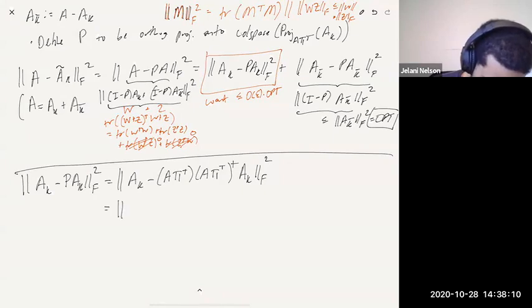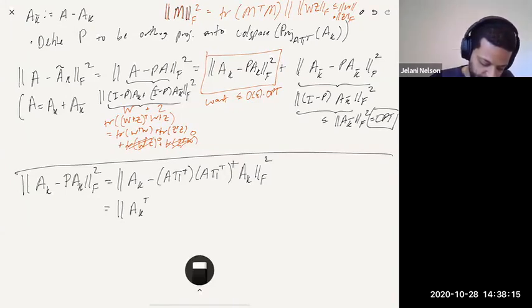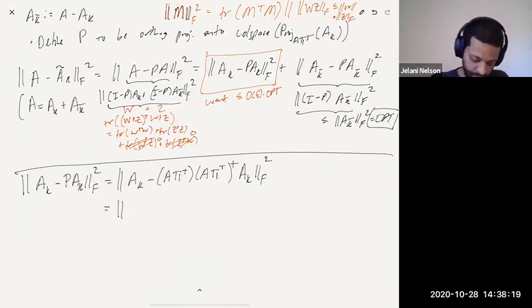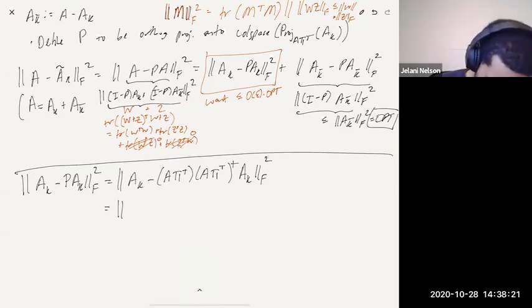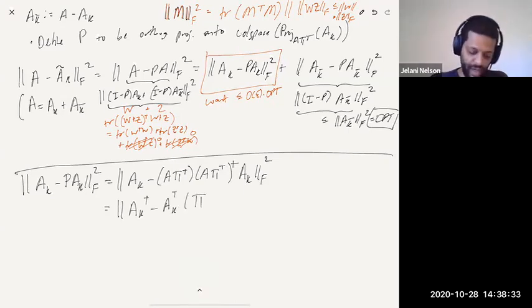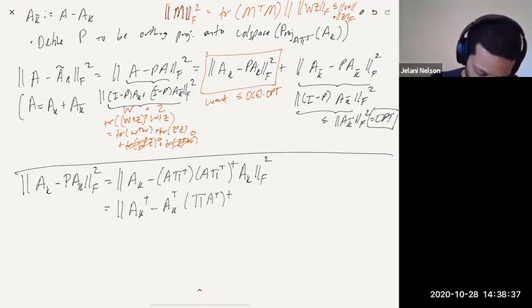This is equal to AK transpose minus AK transpose, and then I'll write here pi A transpose pseudo inverse pi A transpose.